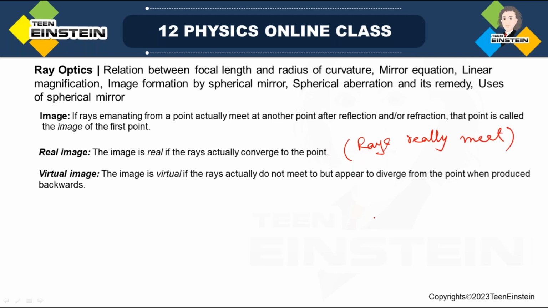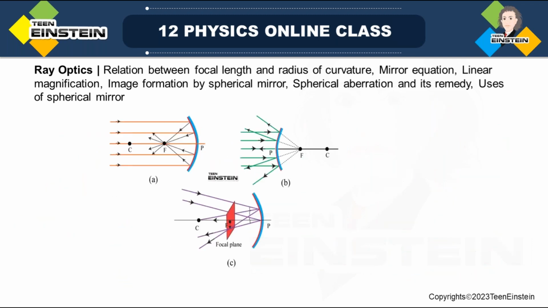In case of concave mirror, as we have seen, the rays after reflection are really meeting at a particular point. So this point will be called the real image.